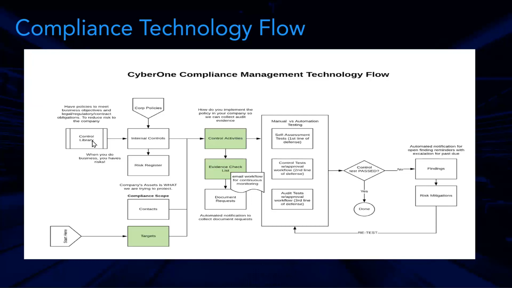Finally, if you have internal controls or controlled activities that you've already established, if you're working in spreadsheets and you want to get those into CyberOne rather than create them anew, and same if you have an evidence checklist that you're already working on for some form of audit or certification, all of this can be uploaded into the CyberOne platform through a simple CSV upload.